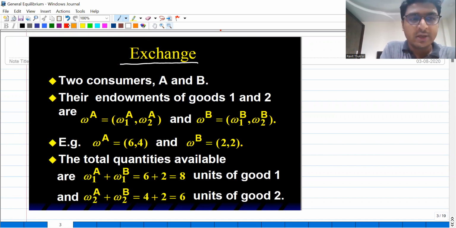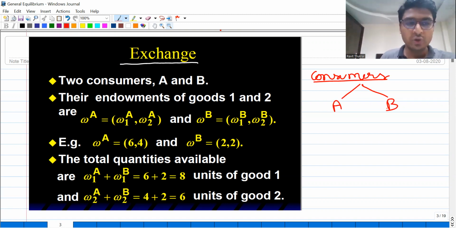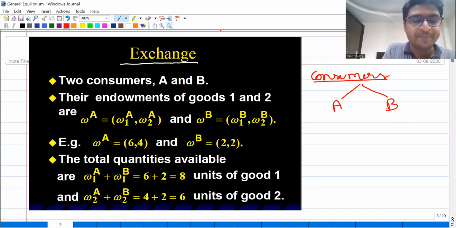So we are calling consumers A and B. So there are two consumers, A and B. ठीक है. So दोनों consumers के endowments हैं. There is a set of bundle that they start with. So that's what we call their endowments.